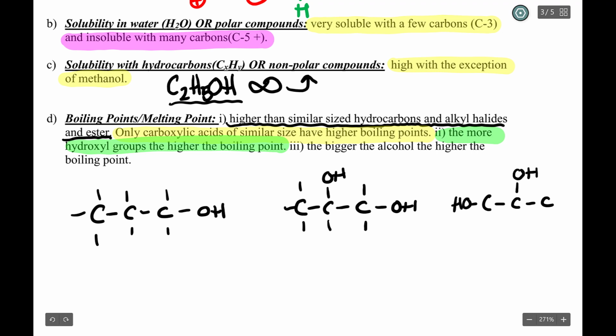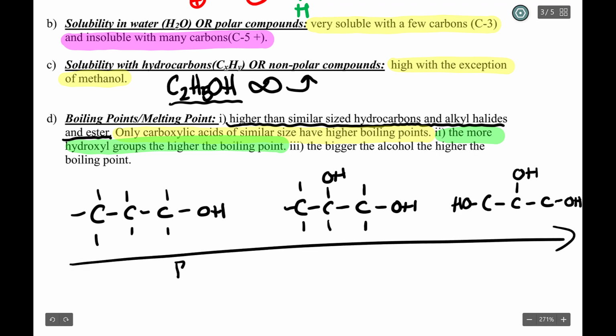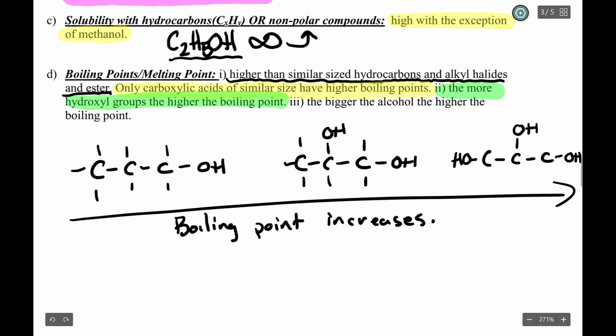The more alcohol groups you have, your boiling point increases. It's roughly 50 to 100 degrees more for every additional hydroxyl group you add onto the compound.